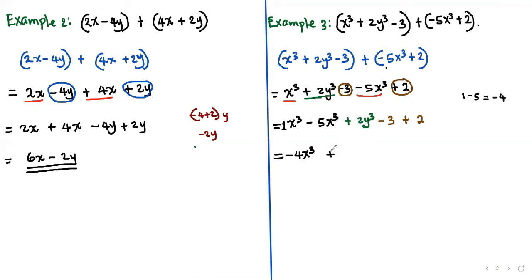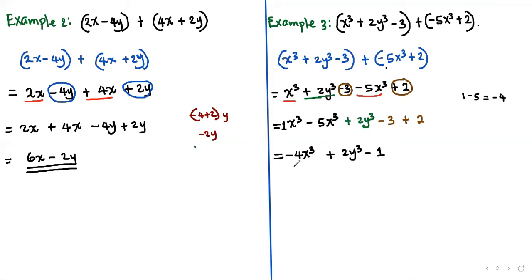So plus 2y cubed, and then minus 3 plus 2 will give us minus 1. So this means that our final answer is negative 4x cubed plus 2y cubed minus 1.